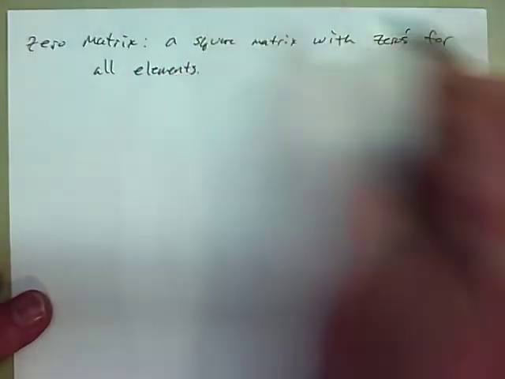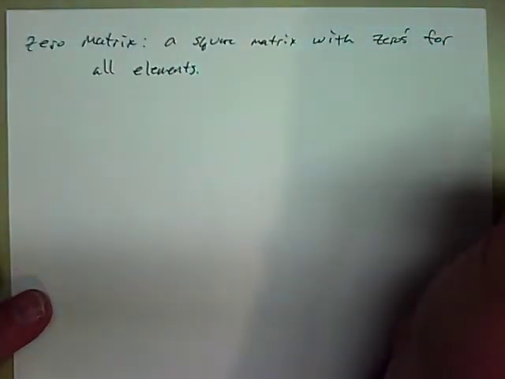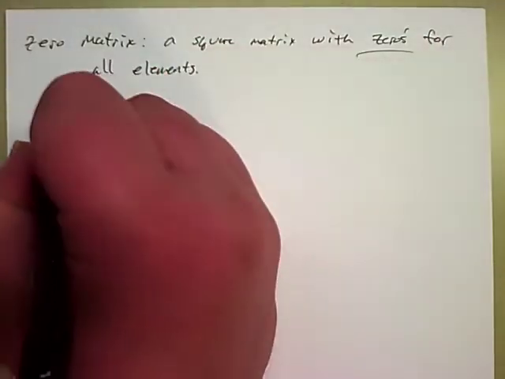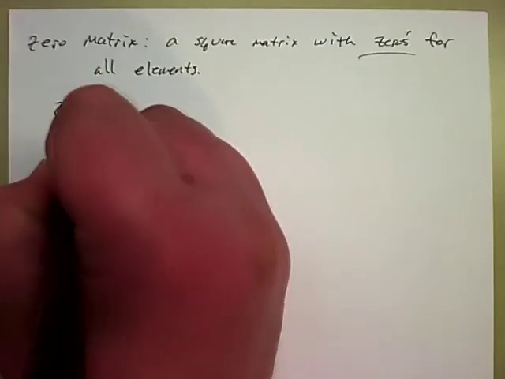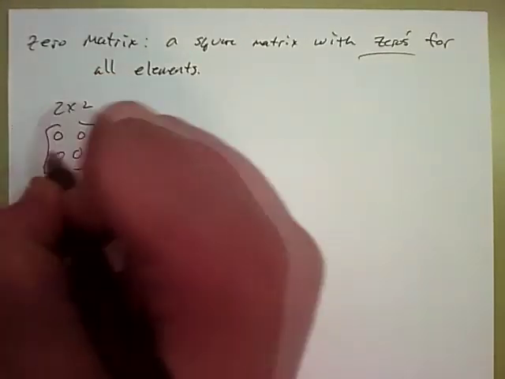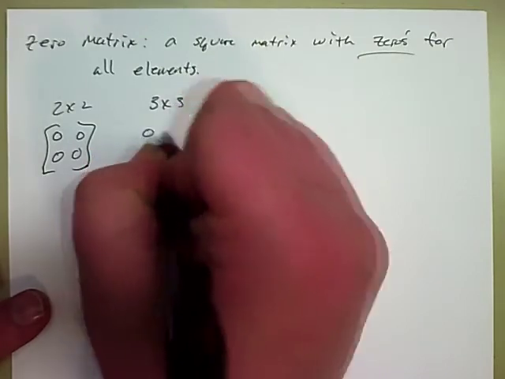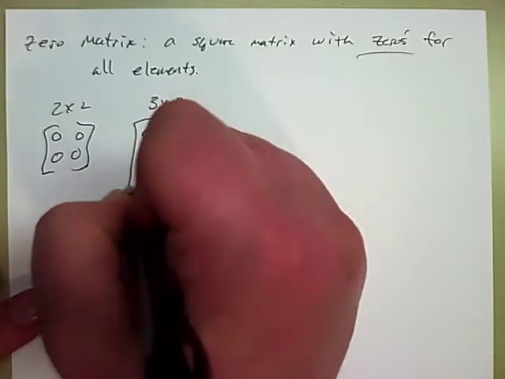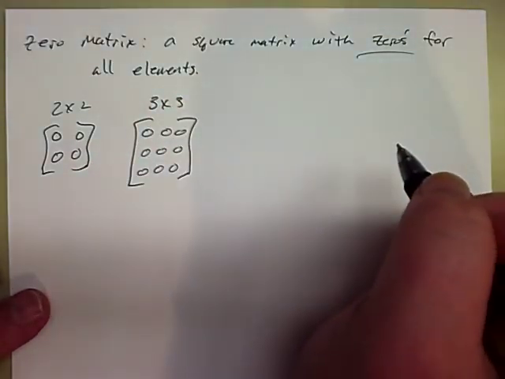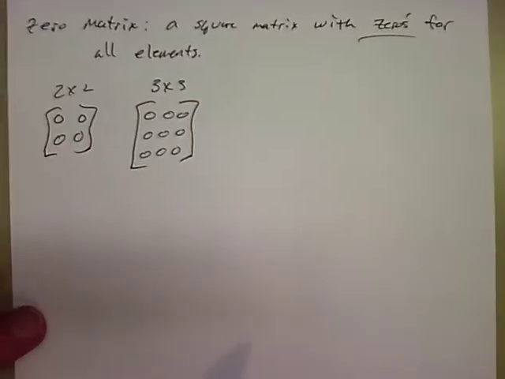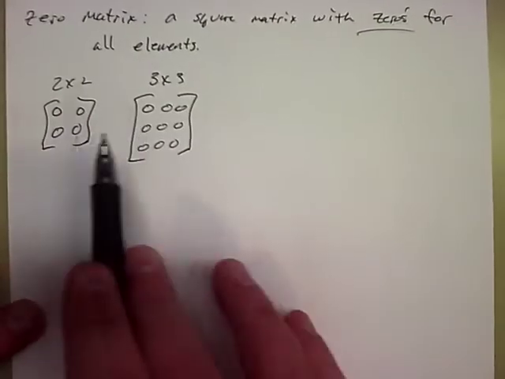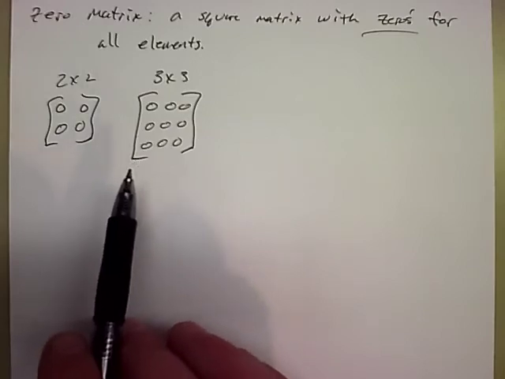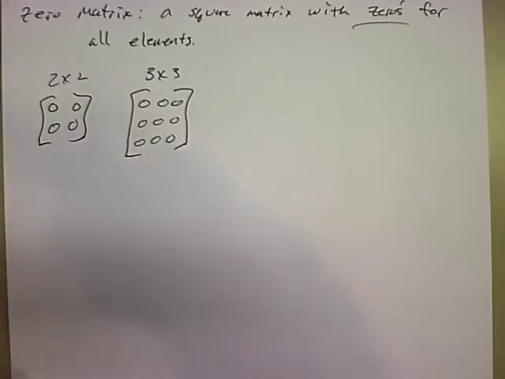where every element in the matrix is a 0. Well, this is boring. So 2 by 2: 0, 0, 0, 0. 3 by 3: 0, 0, 0, 0, 0, 0, 0, 0, 0. Boring. But what's neat about this is that whenever I add a matrix with this matrix, I should get the original.